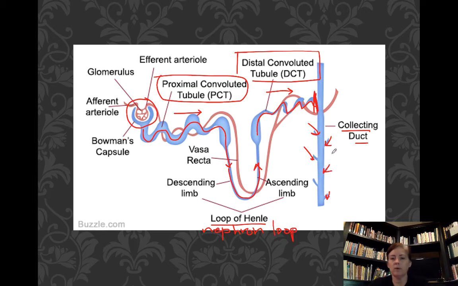And at this point, we've got urine, because the filtrate that moved from the glomerulus into Bowman's capsule has traveled through this whole renal tubule, and it's been changed. We've reabsorbed some substances, we've secreted some substances, we've reabsorbed water, and we've modified that filtrate into urine. So traveling through the collecting duct is urine, and that's what we want to get rid of.